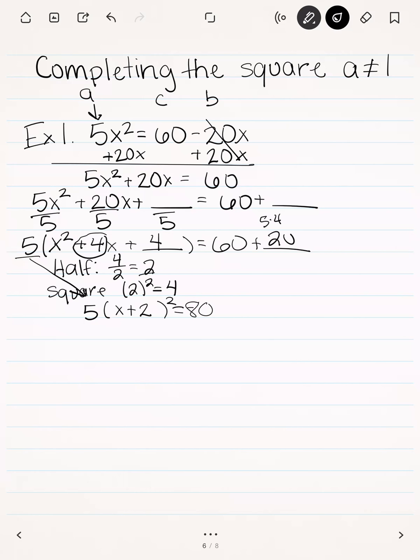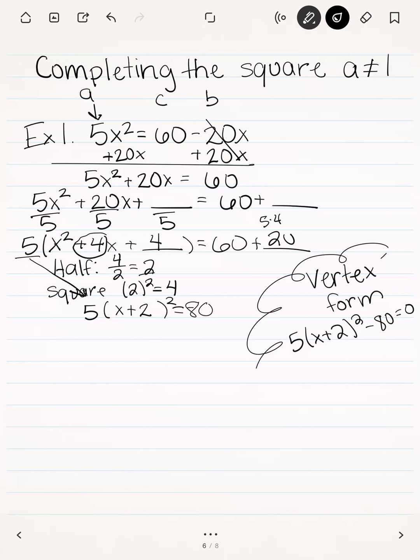Now, if I wanted to put this in vertex form, because you will need to know how to do that, I would just move over the 80, so vertex form off to the side. So the vertex form of this would be 5 times (x plus 2) squared minus 80, because I moved over that 80, and it equals 0. So there's the vertex form.